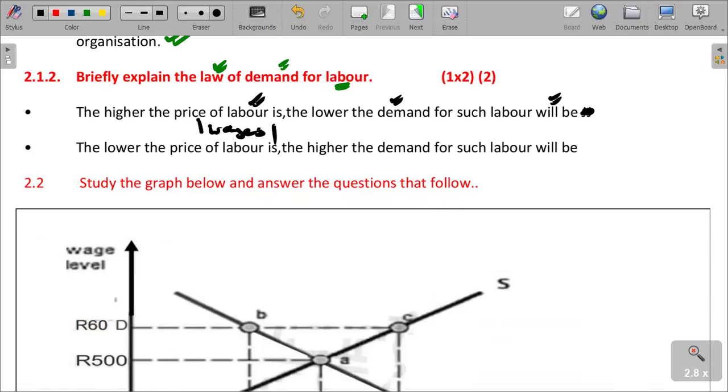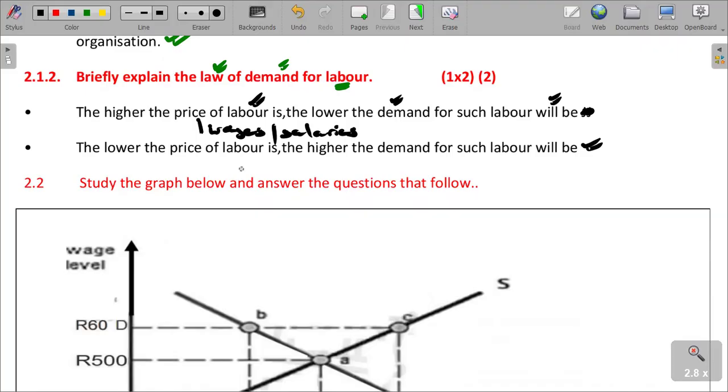When labor is very expensive, the salaries and wages of a given profession are high, so the demand for such labor is lower because people might not be able to pay for it. The lower the price of labor is, the higher the demand for such labor will be, because employers are able to afford and pay for that labor.